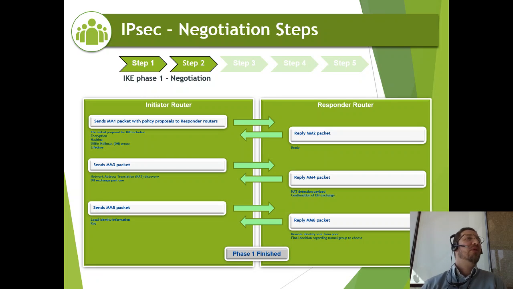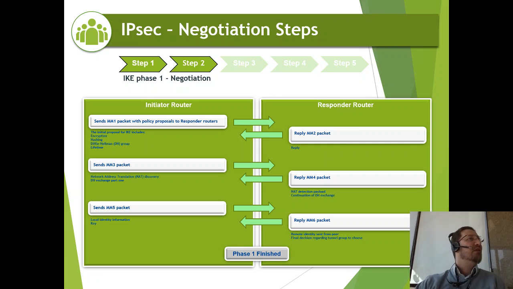The responder will reply with the MM4 packet, continuing the DH exchange. After that, the initiator sends an MM5 packet with the local identity information and the keys, and the responder replies with an MM6 packet. So after all these negotiations, we have phase 1 finished.